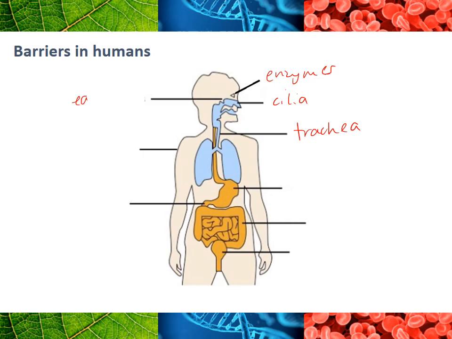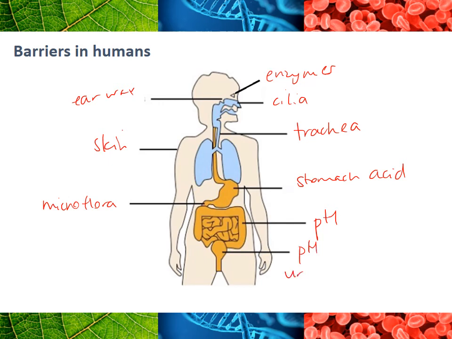We'd have things like our earwax, skin, the stomach acid, and that will be found all the way through our digestive tract. We'd have our microflora here, so those good bacteria in the gut, and then we'd have things like our pH changes through the gastrointestinal system, even things as well like urine. So when urine is flushed out, that provides protection as well.